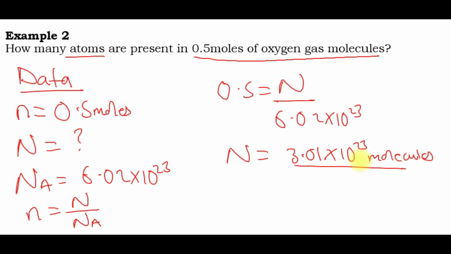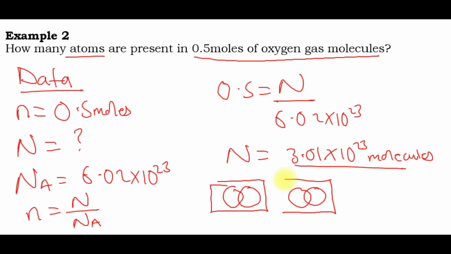But remember, the question is asking us to determine the number of atoms. Now, for every molecule of oxygen, there are 2 atoms. So let's imagine these are oxygen atoms, and this is 1 molecule. Another combination of 2 oxygen atoms gives us 2 molecules. So if I have 3.01 by 10 to the power 23 molecules, how many atoms do I have? What do I need to do? Yes, I need to multiply by 2.